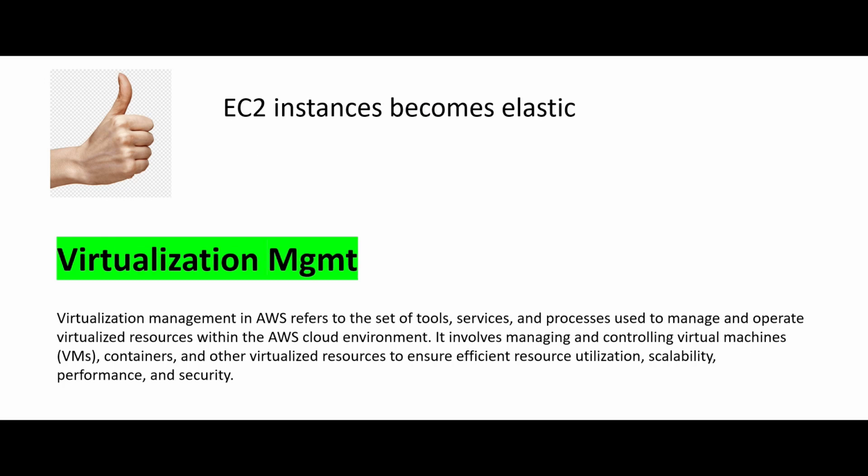Now let us look at virtualization management. See what it does. Virtualization management is, see, you might be using EC2, you might be using RDS, Redshift, and so on. You want to manage and control these, then you use virtualization management. See, what is virtualization? For example, you want a virtual machine, EC2 instance is your virtual machine.